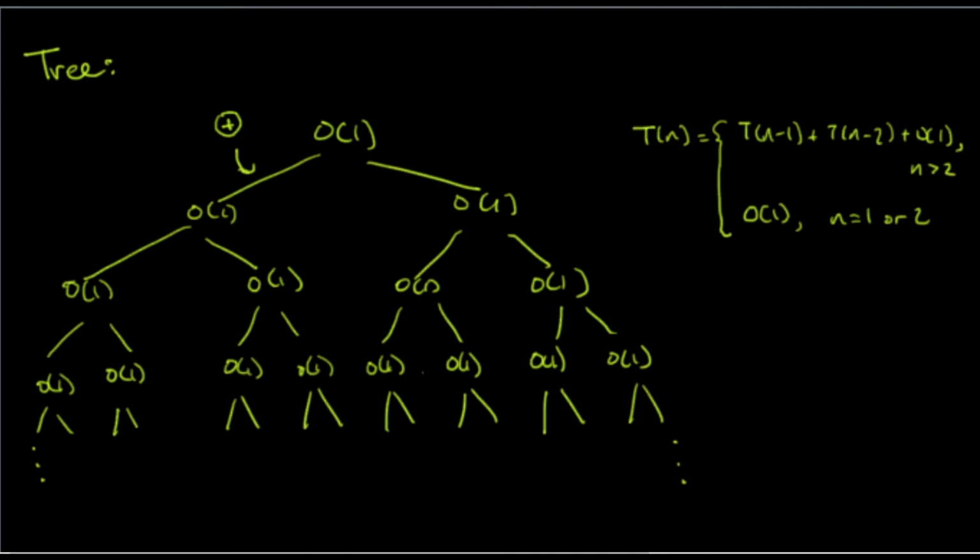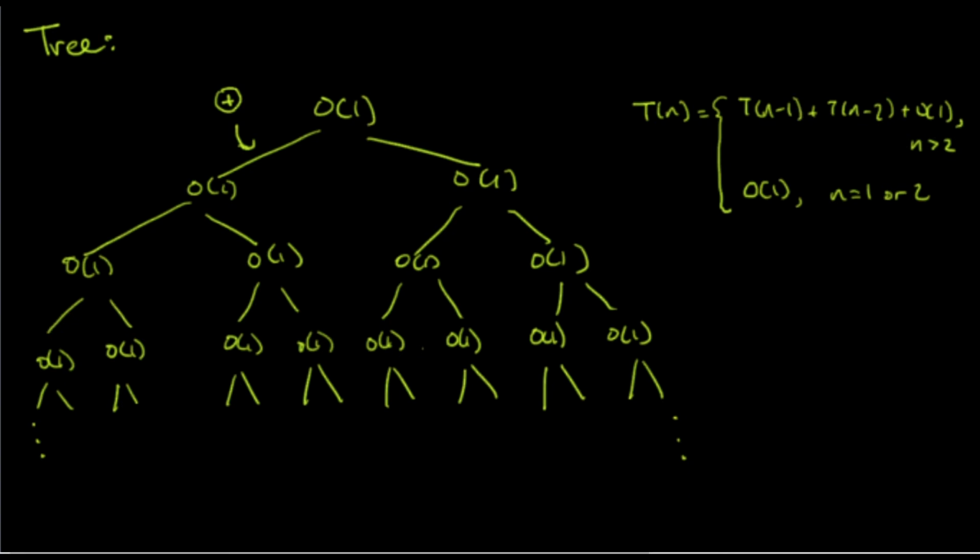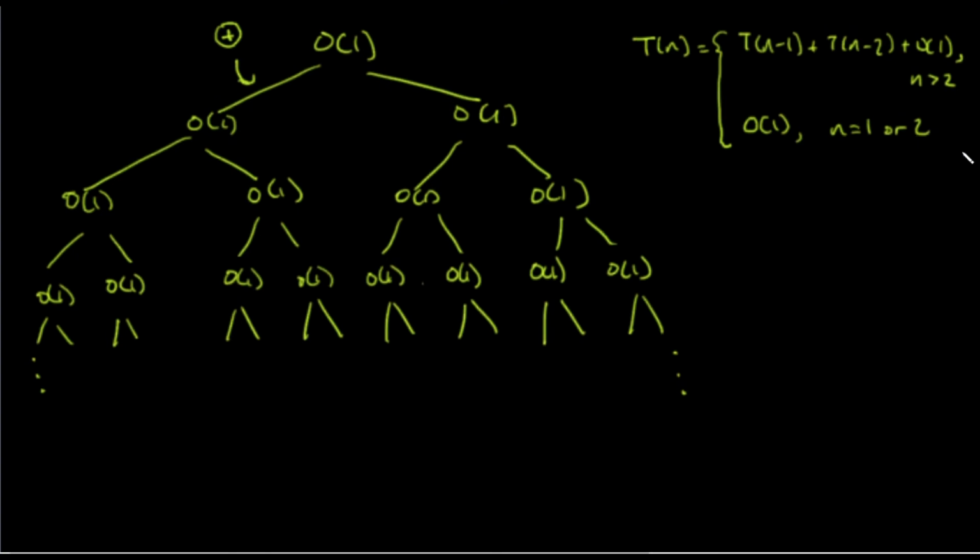And at the end, we're going to hit our base case. In all of these cases, we're going to keep subtracting either 1 or 2. But in either case, if we start with n and keep subtracting 1 or keep subtracting 2, or some combination of both, n is eventually going to hit this base case.